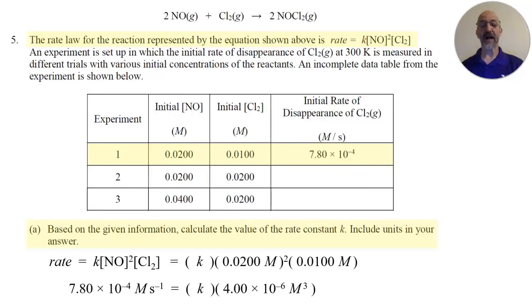Now I have the rate constant K, but I don't know what that numerical value is at the moment, and I also don't know exactly what the units are at the moment. So on the left side of the equation, I wrote the value for the initial rate of disappearance of chlorine, and that is 7.80 times 10 to the negative 4, and my units are molarity per second.